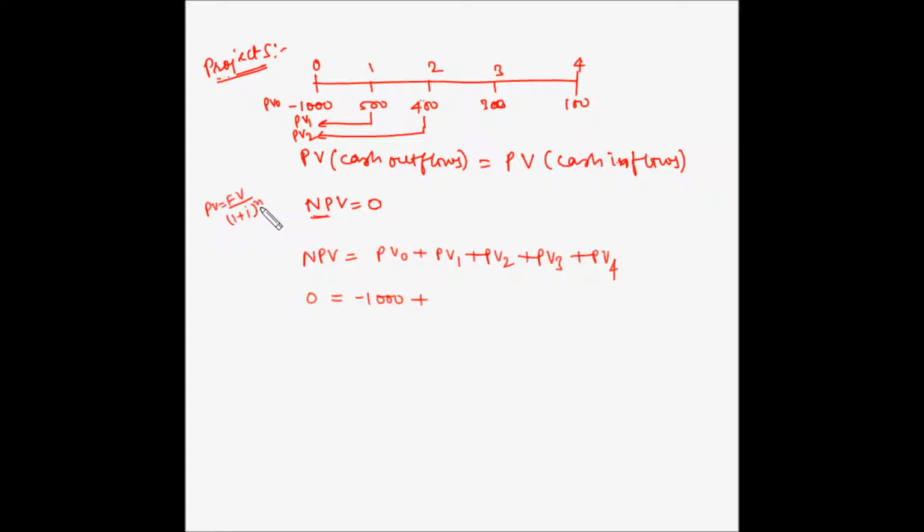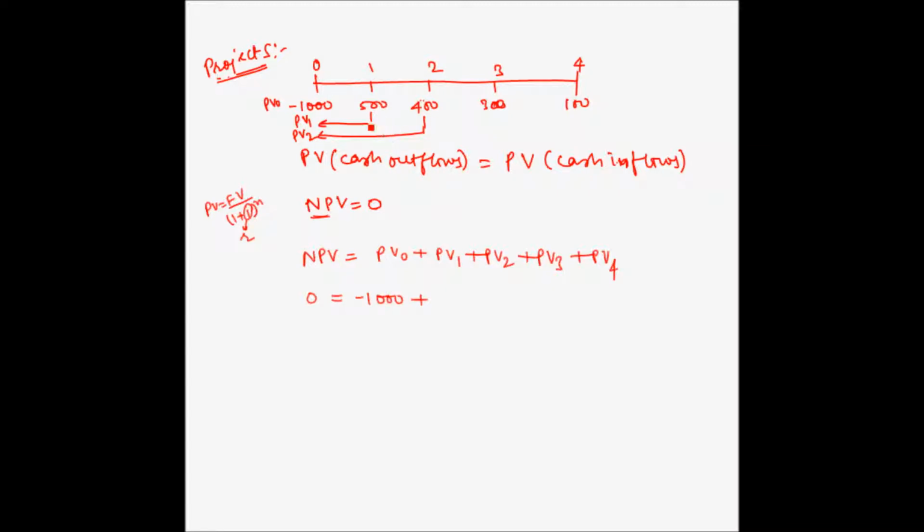N is the number of compounding periods. I is the rate of interest per compounding period. This in our case is R. So PV1 is future value 1. In this case, the future value is 500 and PV1 is the present value. So present value is equal to 500 divided by (1 plus R) to the power n.